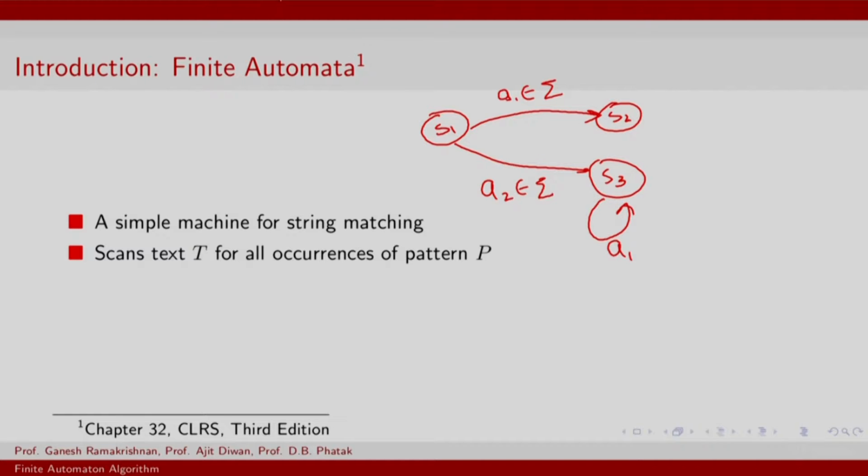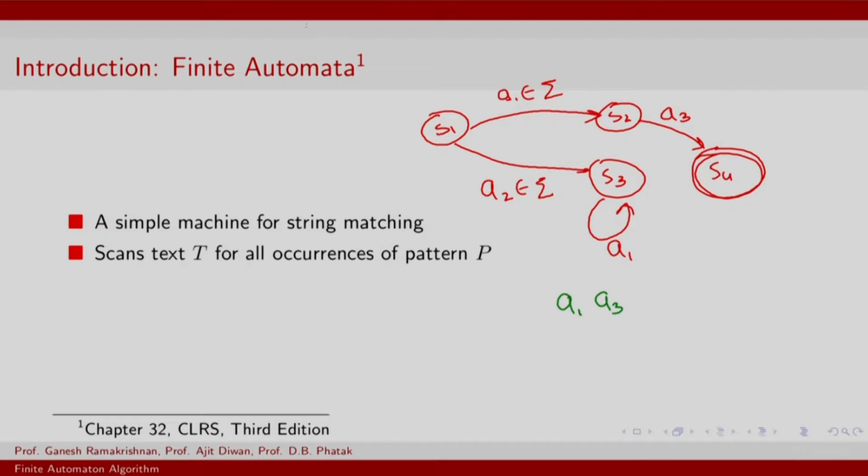You also have something called an accept state. So on a particular symbol A3, I might go from S2 to S4 and call S4 an accept state. What does this automaton do? It basically accepts strings of the form A1, A3.